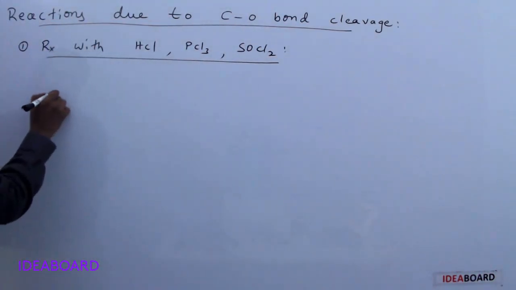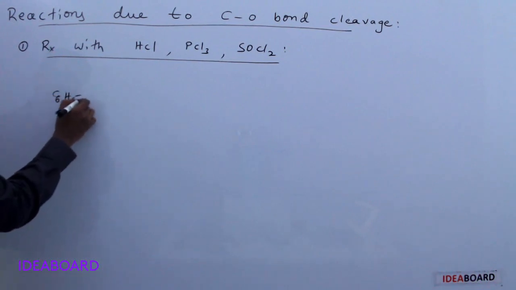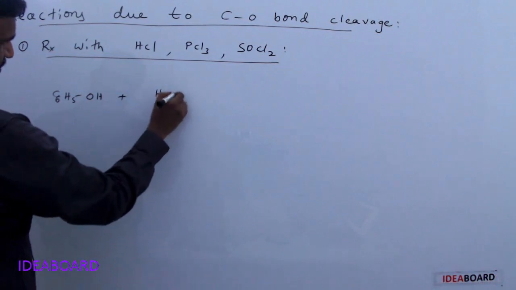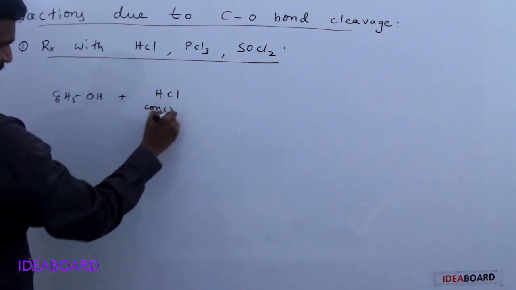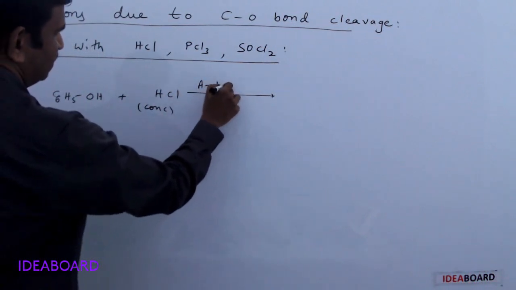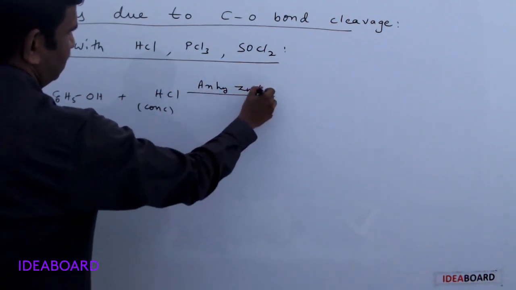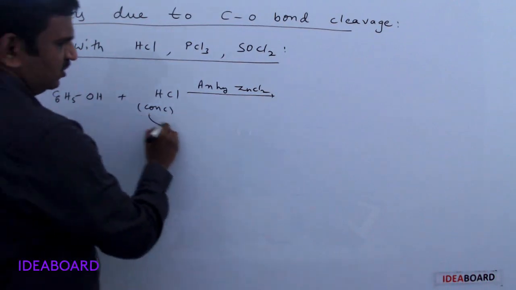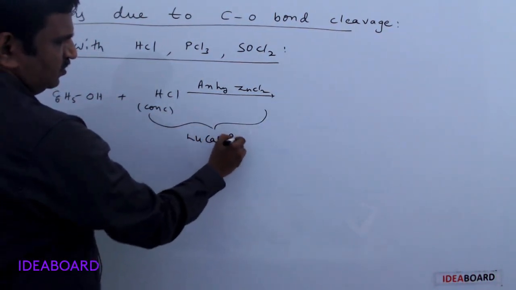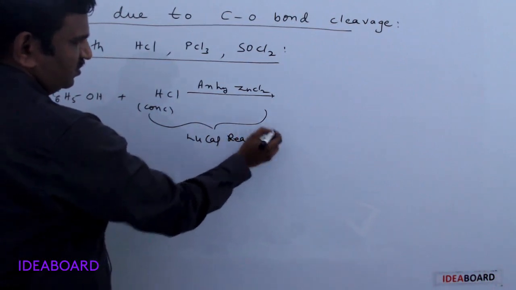Here, if you take phenol, C6H5OH, reacting with HCl, it is a concentrated HCl and anhydrous zinc chloride mixture. A concentrated HCl and anhydrous zinc chloride mixture is known as Lucas reagent.